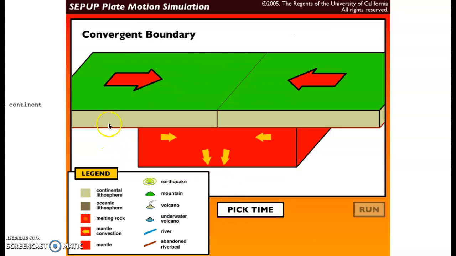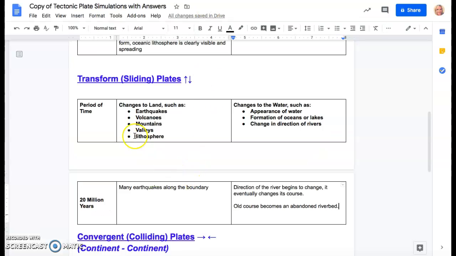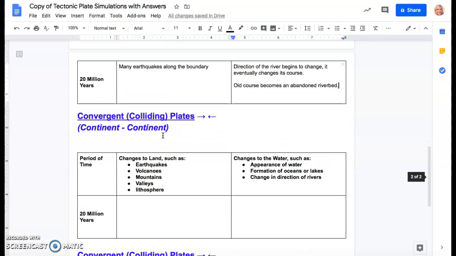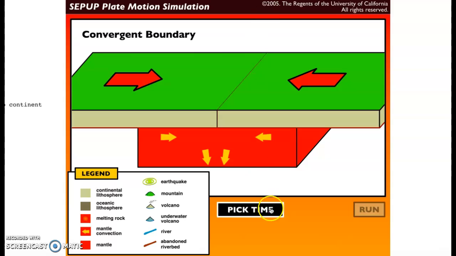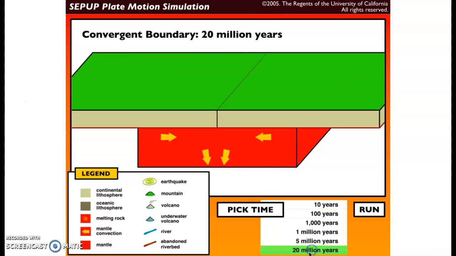And if you look, I have two pieces of continental lithosphere colliding, and that matches what I have on my data table. So I can go to continent colliding plates. And I am going to choose 20 million years again. And I am going to click run, and I'm going to watch to see what happens.